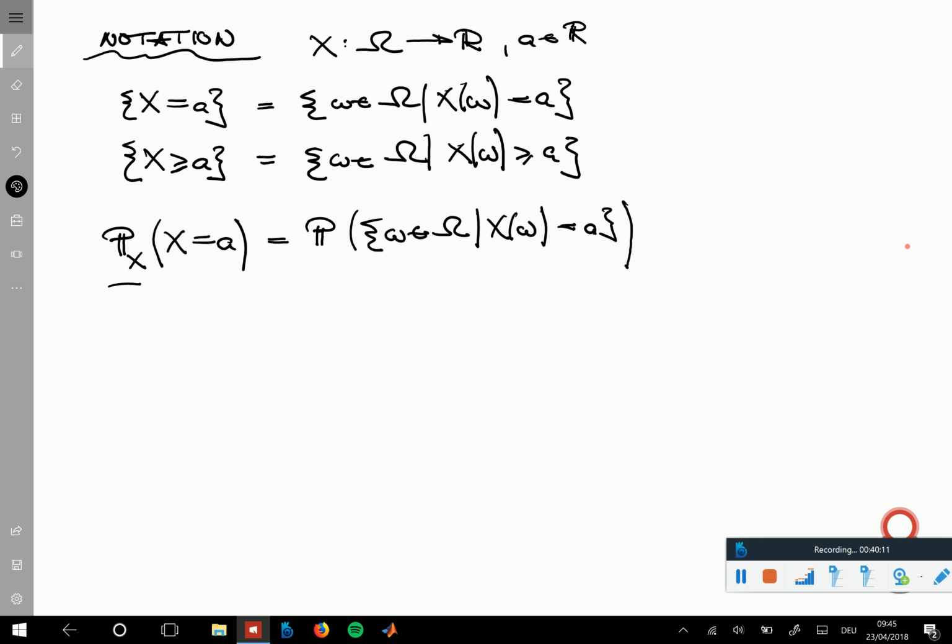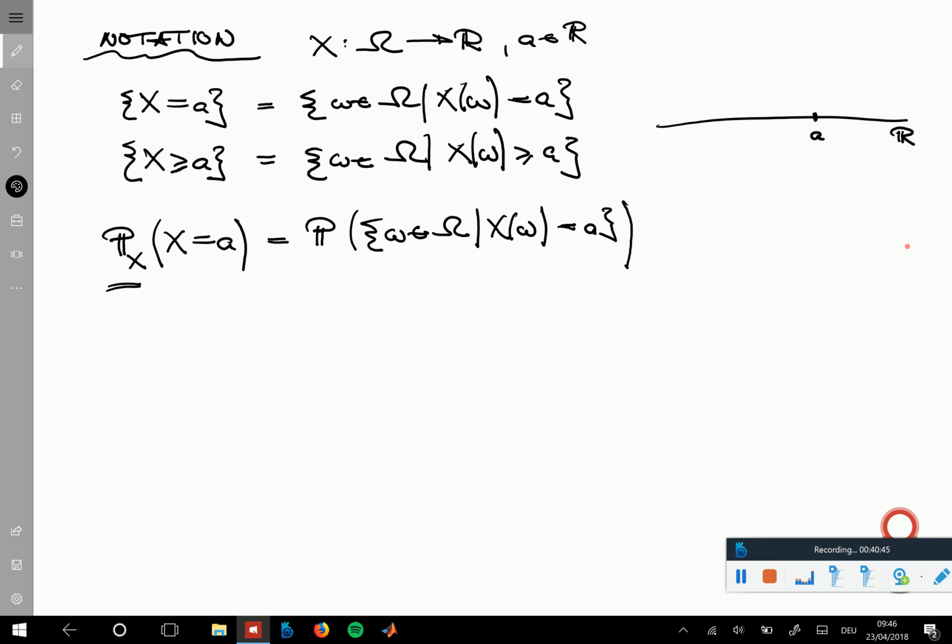So here we have the distribution of x, which is a probability measure. We now talk about the value that it assigns to a specific set in the range of the random variable. If we have the real line, then the real line is the range, and there might be an a.